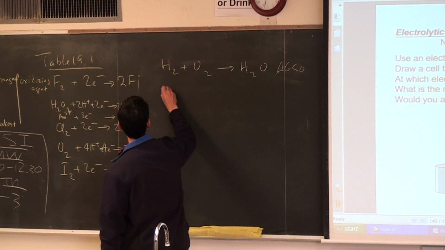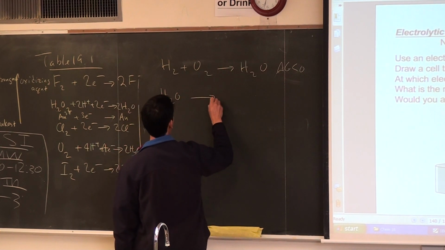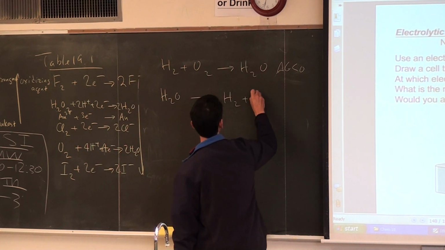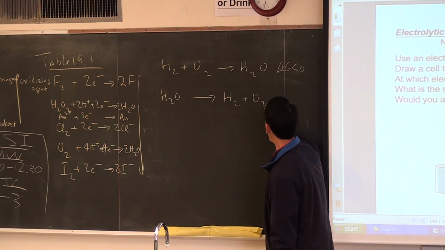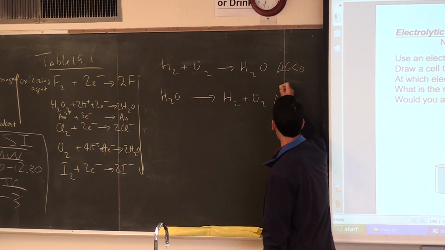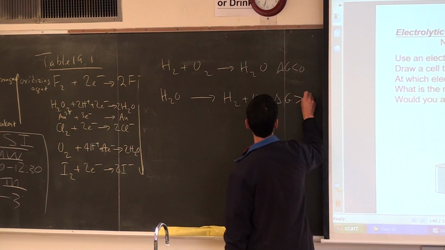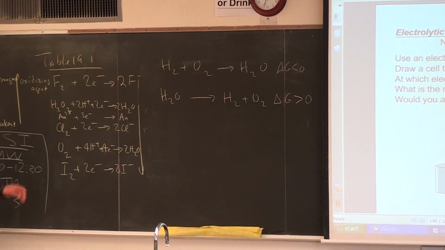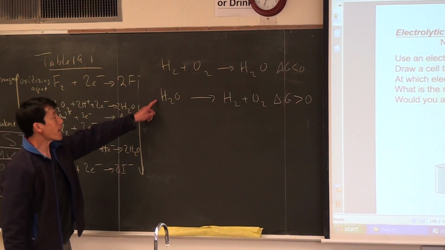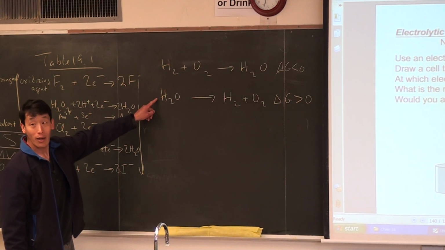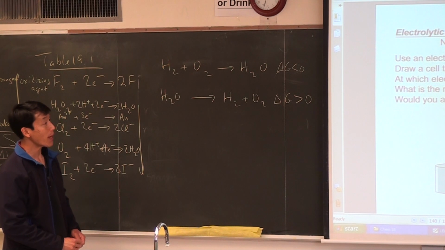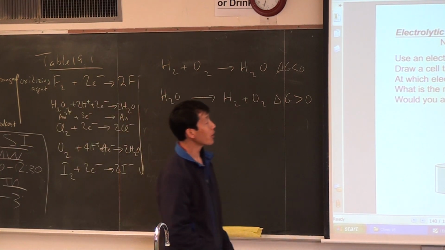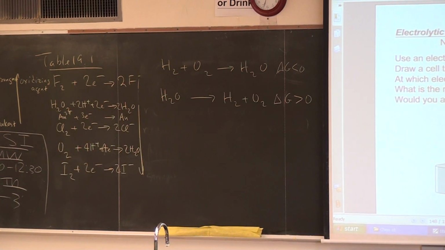Now, when you split water, you're doing the reverse. You have H2O going to H2 plus O2. This means that delta G for this reaction is going to be greater than 0. This is a non-spontaneous reaction. So what you're going to do is supply energy to make this reaction occur. Okay, so let's figure out how to do that. You're going to use an electrolytic cell. Here's the start of our cell.